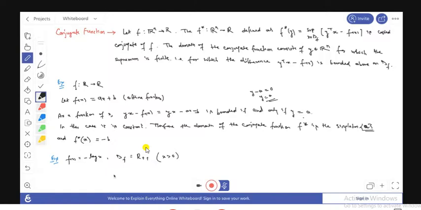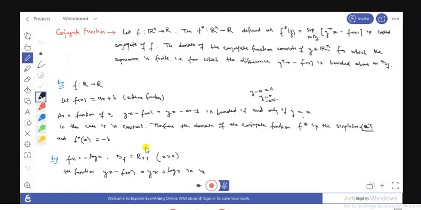Here we have to find the conjugate function. For that, what do we do? Y times x minus f of x, which equals yx minus f of x, that is, yx plus log x. So this is basically unbounded.